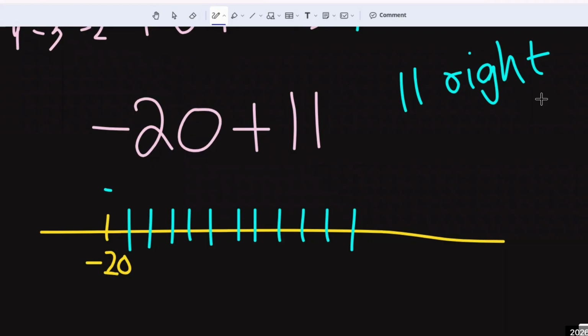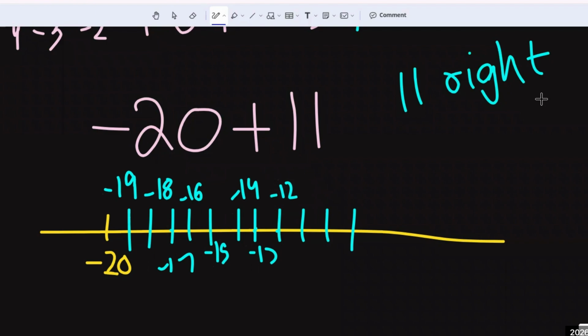What is the number after minus 20? It is minus 19, which is bigger than minus 20, and then minus 18, minus 17, minus 16, minus 15, minus 14, minus 13, minus 12, minus 11, minus 10, and this is minus 9.